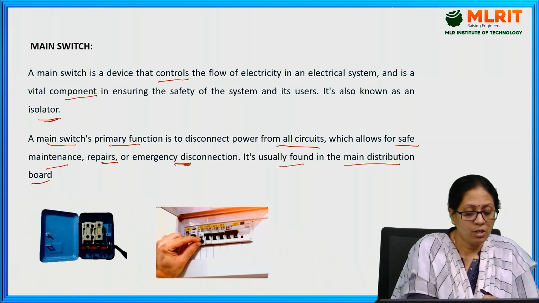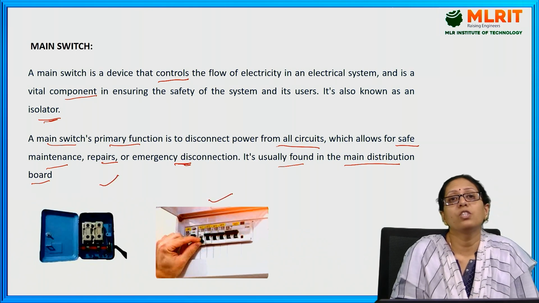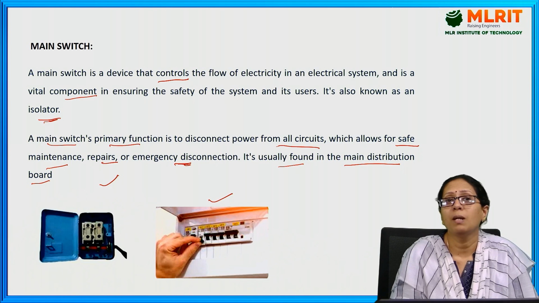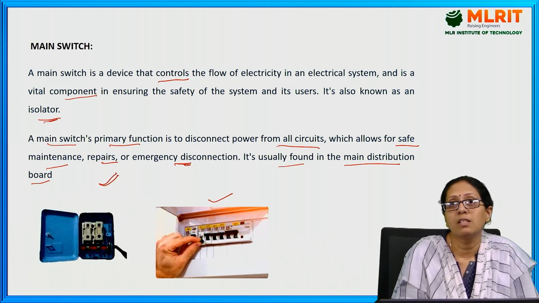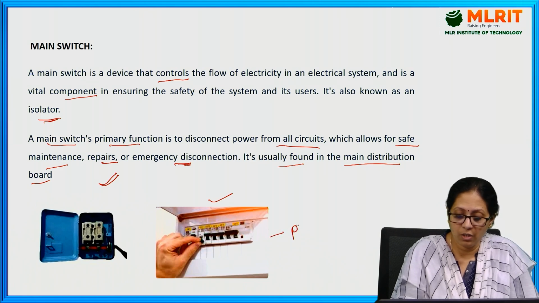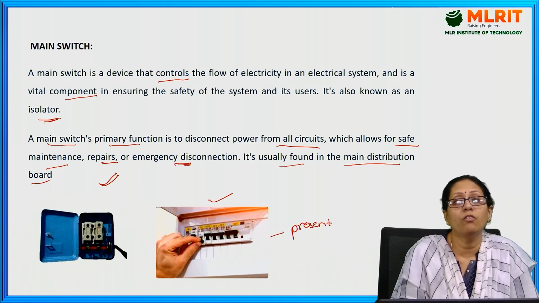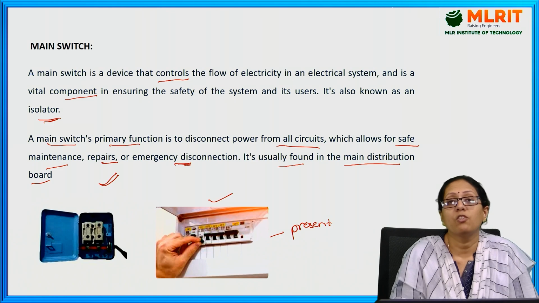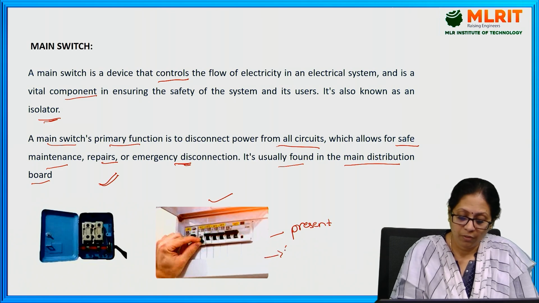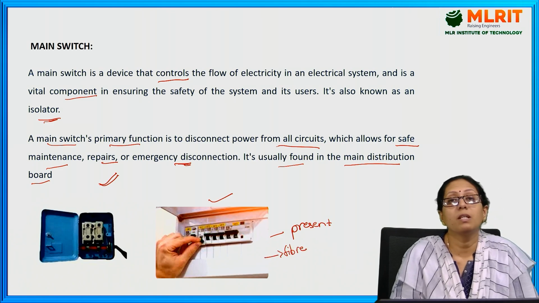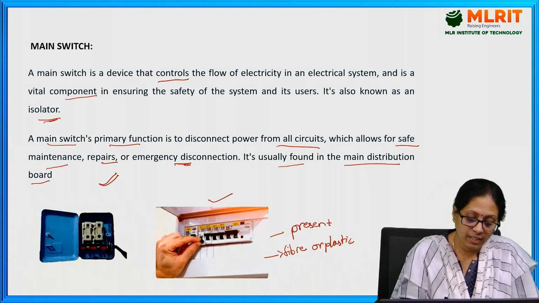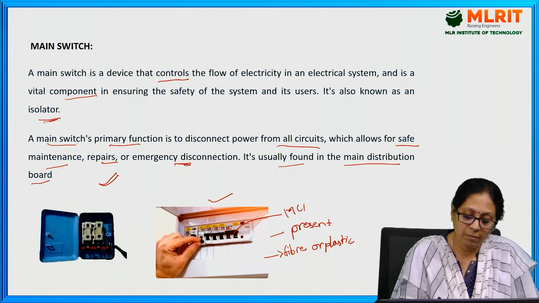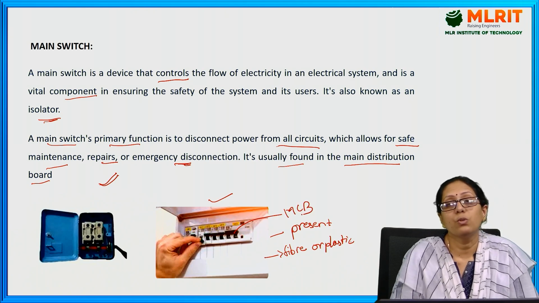Here you have two pictures which show diagrams of a main switch. Previously the main switch used to look like this, and presently we are using these types of main switches, which are mostly made of fiber or plastic, and these are the different MCBs which are being used inside.